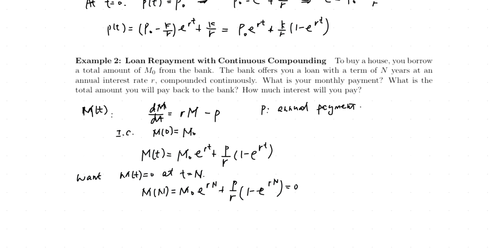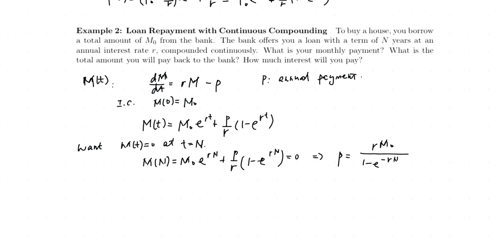This is an algebraic equation that you can solve for P. Basically, once you set up your n years of loan, then you know what your P should be. So your monthly payment would be P divided by 12.